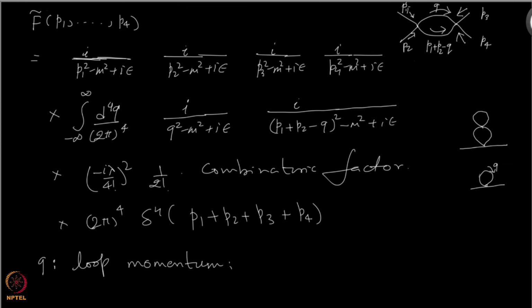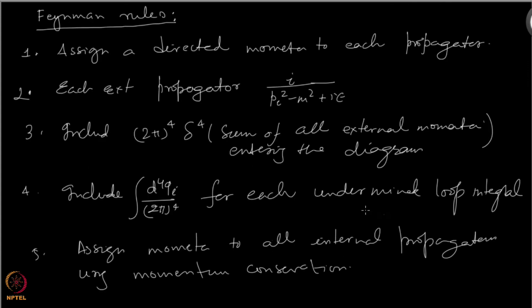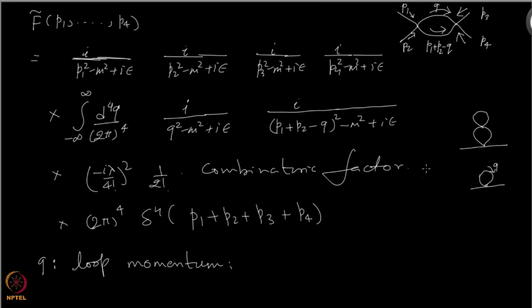So here you see it's one loop, so these lines' momentum is fixed p1, p2, p3, p4 because they are given to you. This one you say it's q, and this one you write down by using the momentum conservation. Okay, p1 plus p2 minus q flows in here. Okay, and that's what I am writing as a rule, that you should assign momenta to all internal propagators using momentum conservation, and of course some of them will remain free, just like the one which is q.